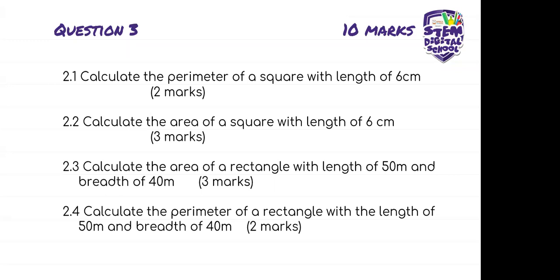And this is only in the square. Remember that in the rectangle, it will be length times breadth. So in the square, it was length times length, which is 6 times 6. And if you multiply 6 by 6, you get 36. Perfect.